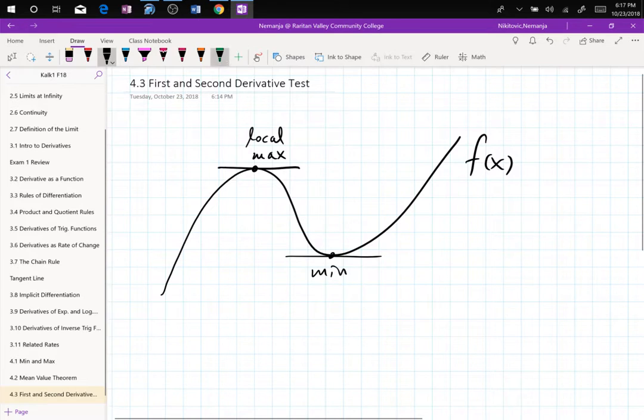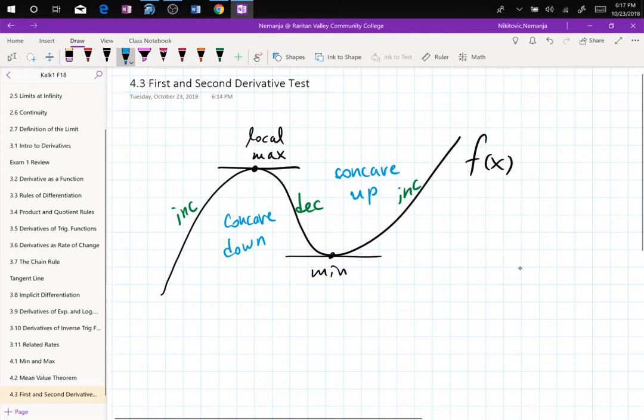And if you look at this, the function is increasing here, decreasing here, and then increasing there. But also, over here we'll say concave down, because it opens downward, and over here we'll say concave up, which opens up.